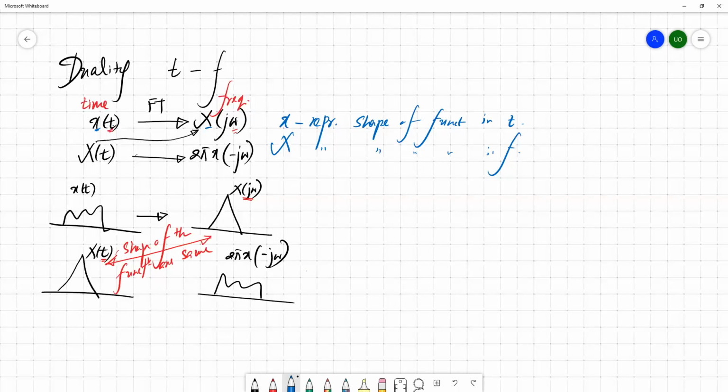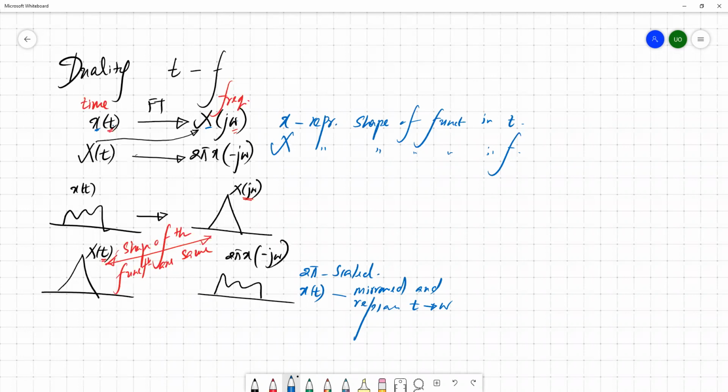You just scale it by 2 pi, and x(t) is mirrored, and replace t with omega. Okay, so we basically do this.